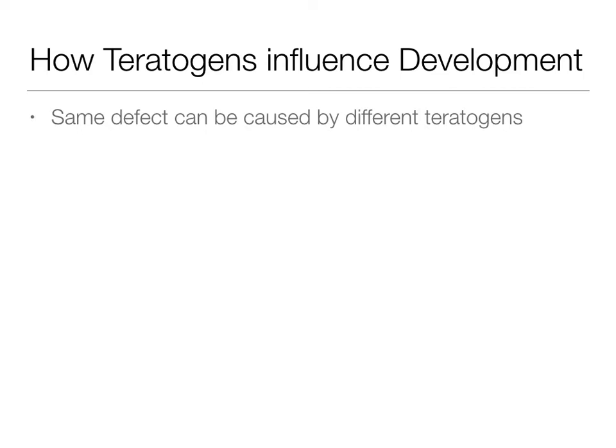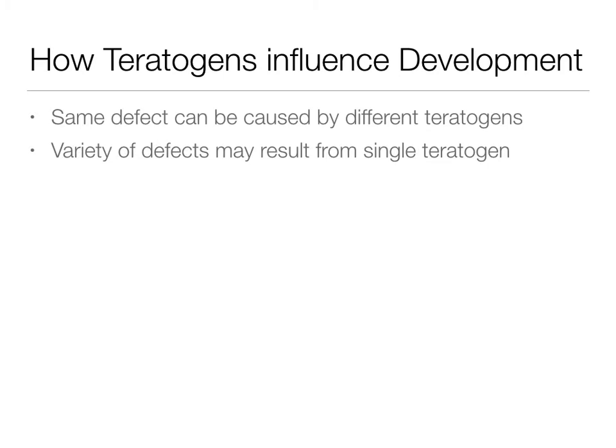But again, it can be caused by different teratogens. There is also a variety of defects that can happen from a single teratogen. So again, it's not a one-to-one relationship. One teratogen can cause a wide range of deformities, a variety of defects from just one specific substance.